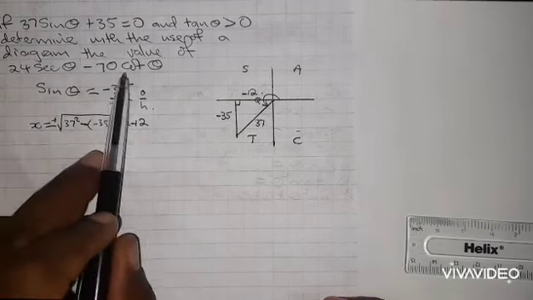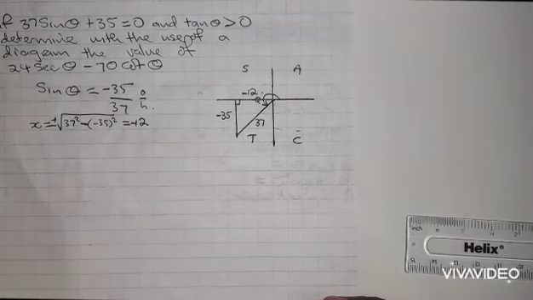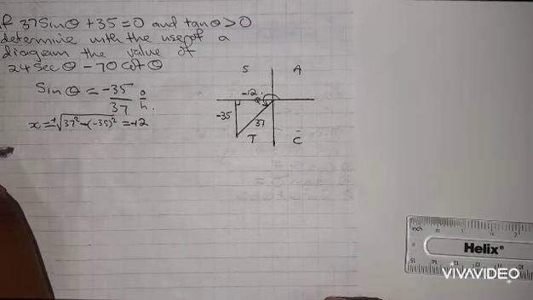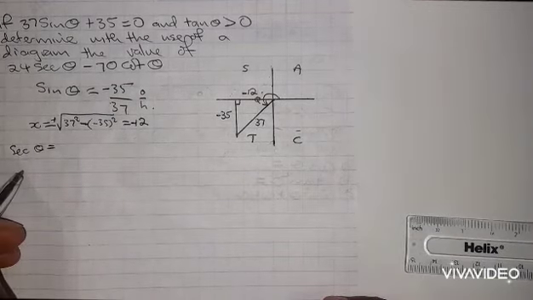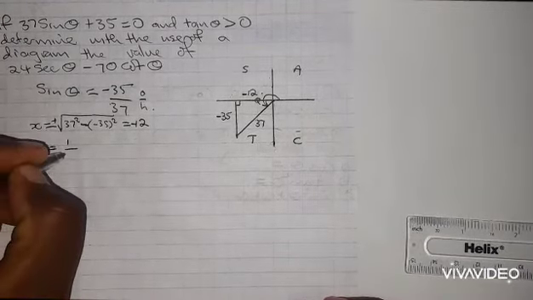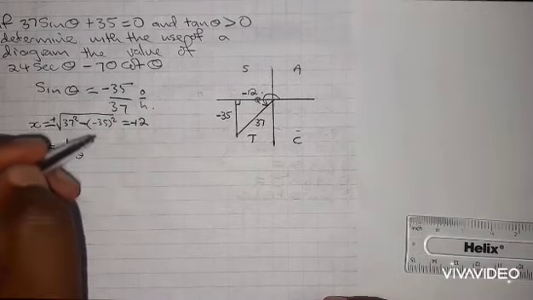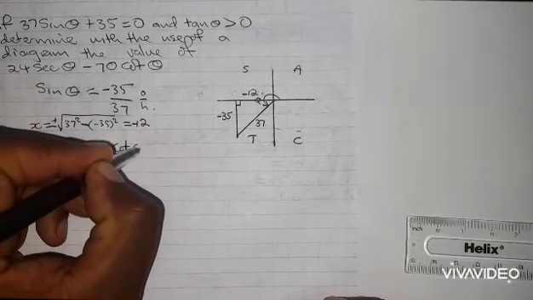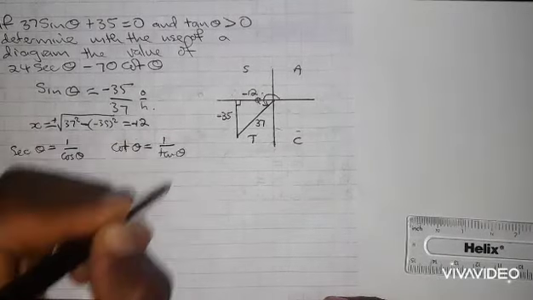There is sec theta, there is cot theta. Remember, sec theta comes from 1 over cos theta, and cot theta is also equal to 1 over tan theta.